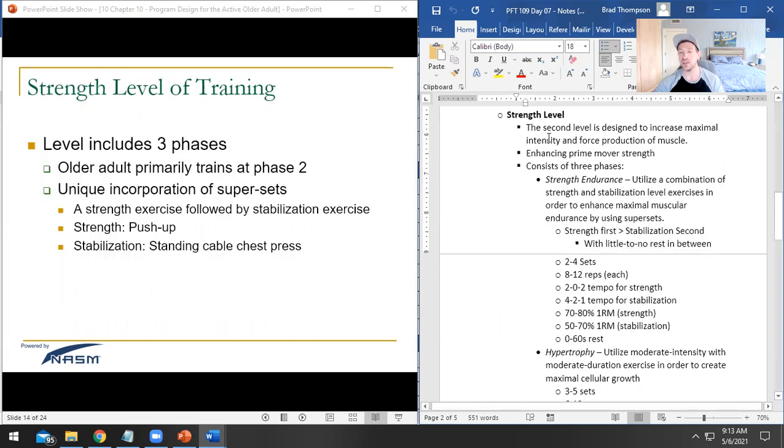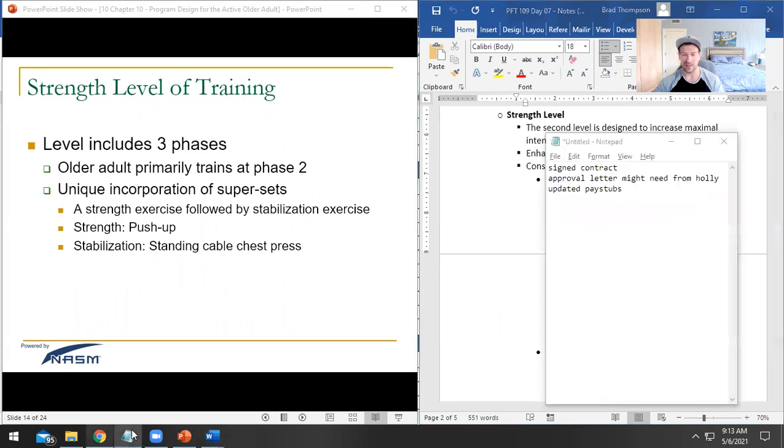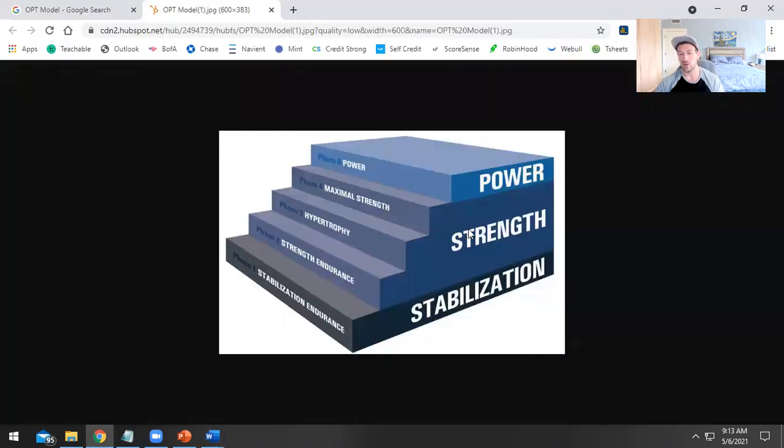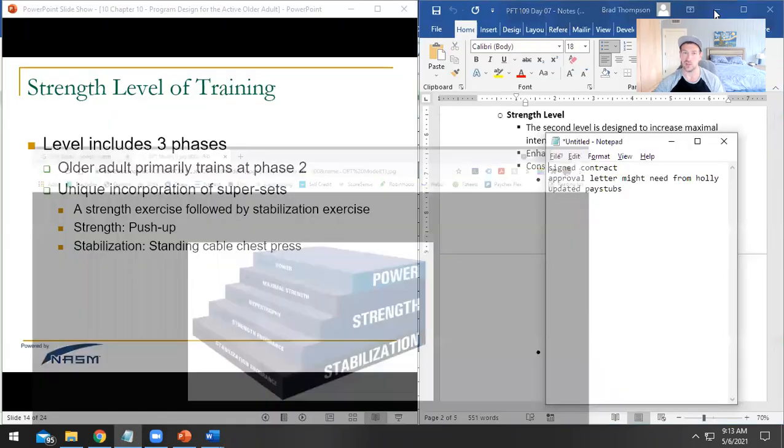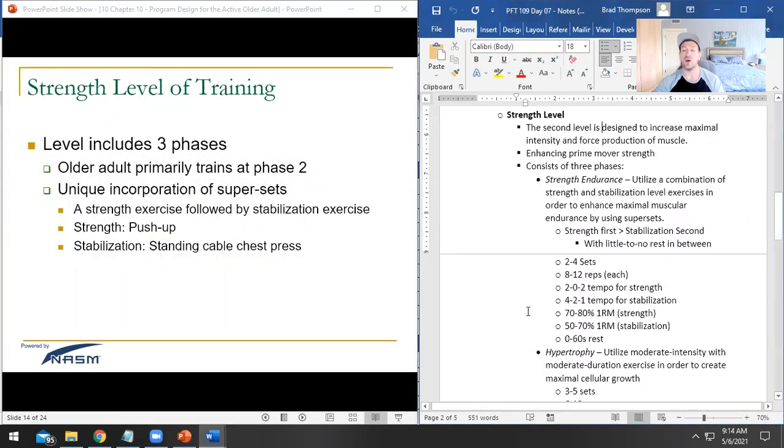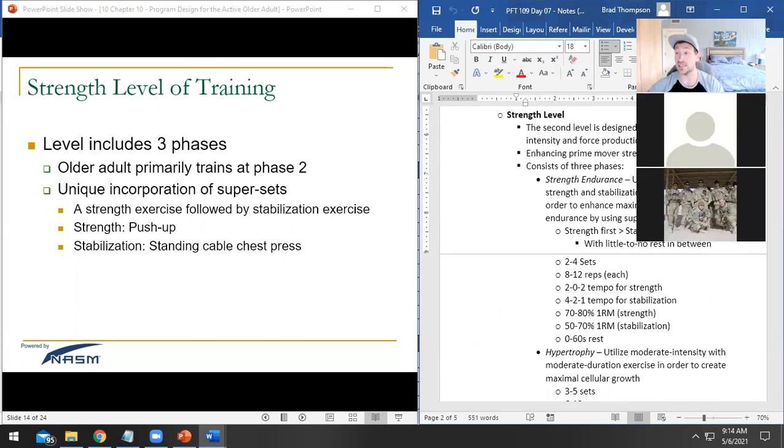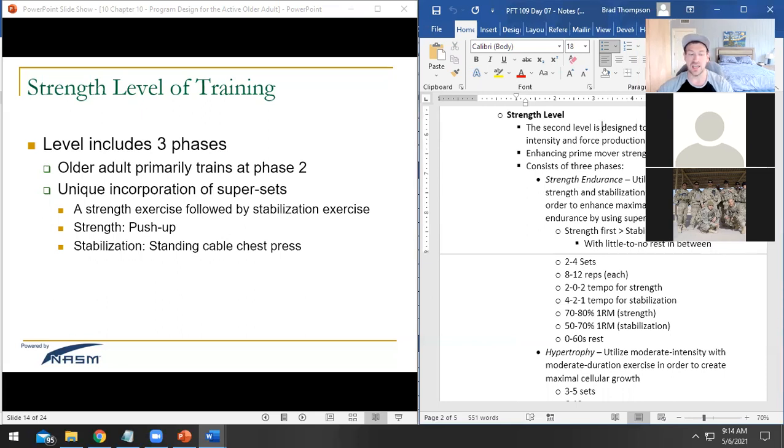So strength endurance is the second phase of the OPT model, right? This is phase 2, which falls under level 2. Which means we choose strength exercises and we do them in a strength endurance sort of manner, right? Now, here's the thing. When I say that strength endurance uses strength exercises, it does primarily.